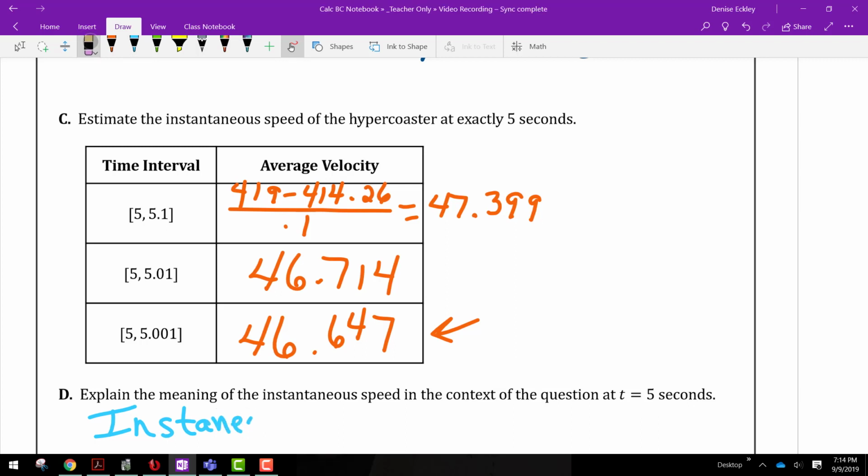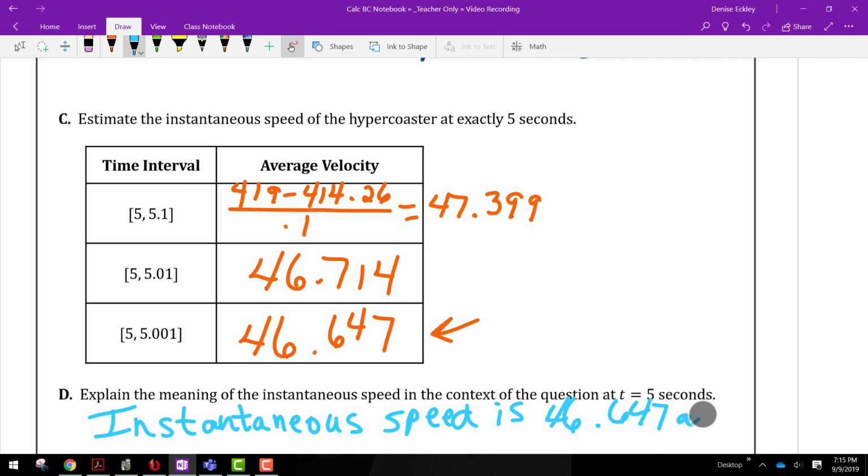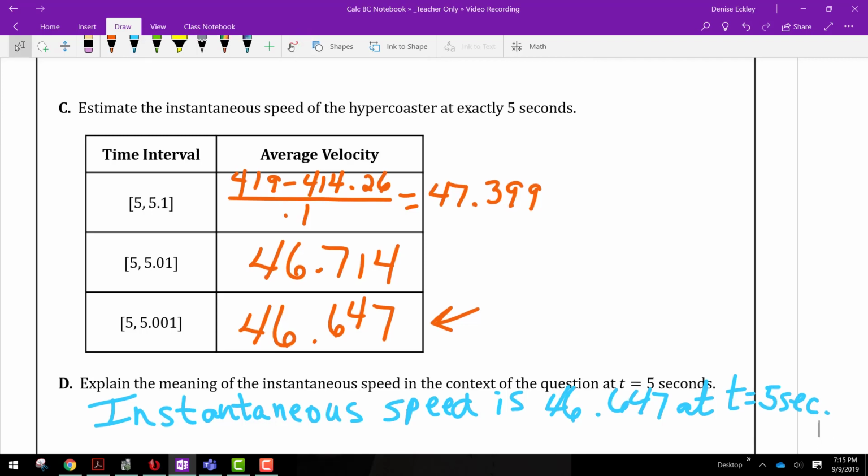Spelled that very badly. Instantaneous speed is 46.647 at t equal to 5 seconds. Okay, so there's that problem.